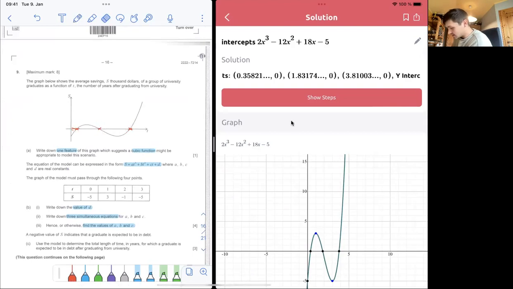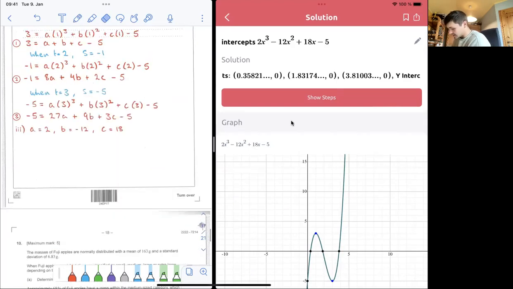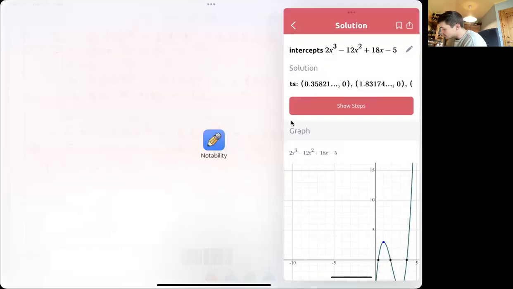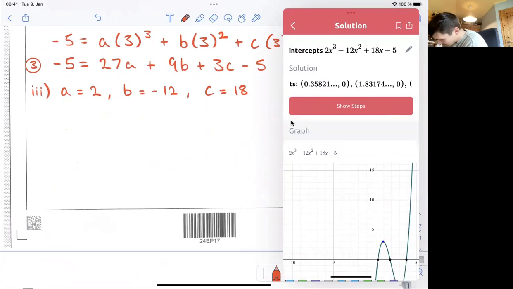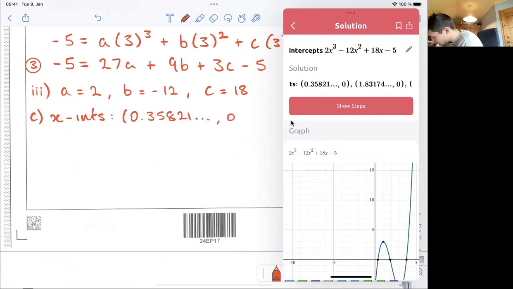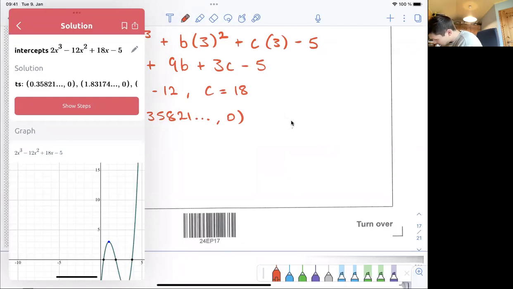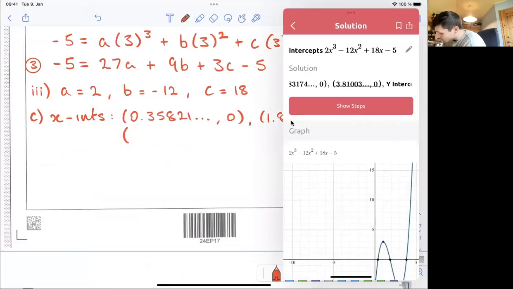Let's write down these x-intercepts, x-ints: 0.35821..., comma 0, and then the next one is 1.83174, comma 0, and then the last one we'll write down here, 3.81003..., comma 0.